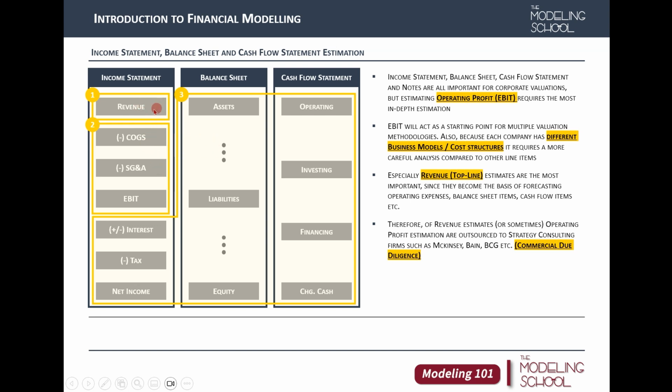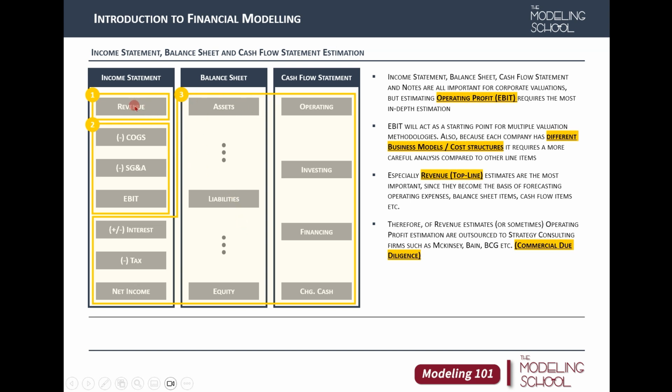So if revenue jumps up by 3 times, marketing expenses should also jump up 3 times. And that is going to be our most basic logic. Same goes for capital expenditures, depreciation. So many items are going to depend on our revenue forecasts.